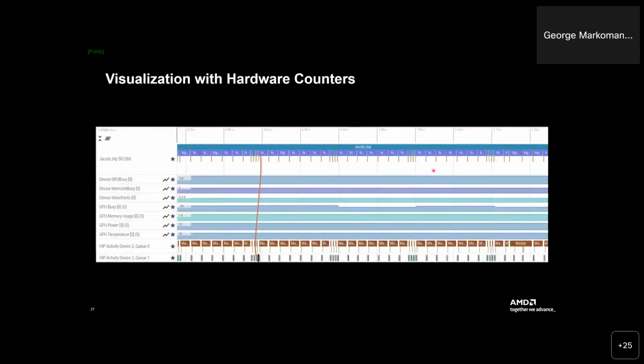And now, what we visualize with hardware counters: again, you will click somewhere and you see the following. Device CPU busy, GPU busy. So the hardware counters are more accurate, they are not statistics, and device means exactly that. It's coming from the device and not from statistical sampling.